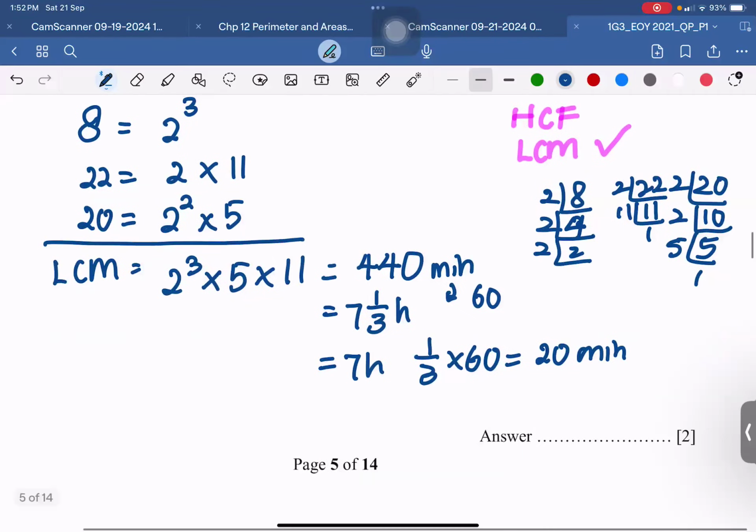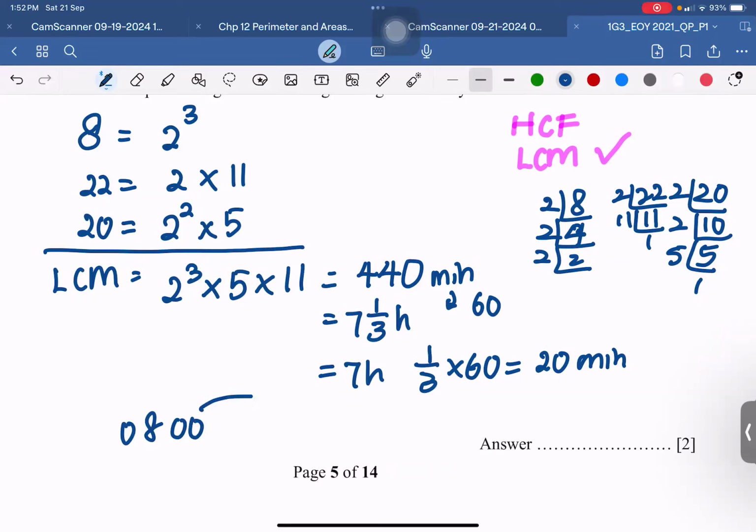So I start at 0800, 7 hours and 20 minutes later, the timing will become 1520. So the next timing they have vaccination together will be 3:20.